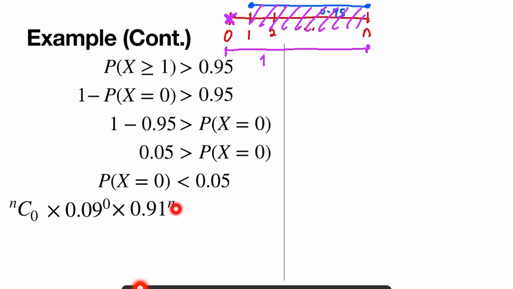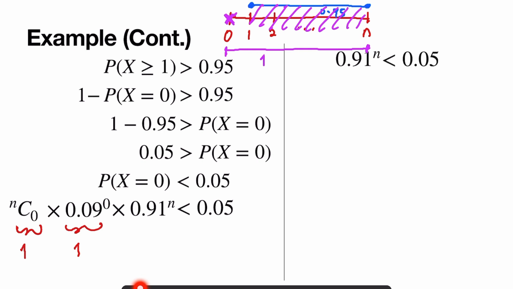Okay, so power n here, less than 0.05. nC0, what is the value for nC0? 0.09 power 0 is 1 juga. Okay, so we're left with this part. So we're going to get 0.91 to the power of n less than 0.05.